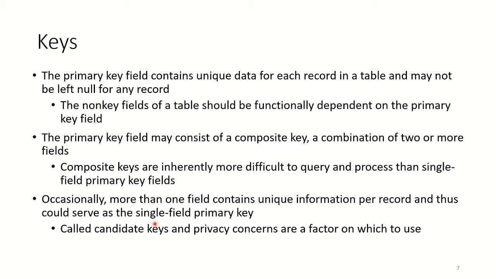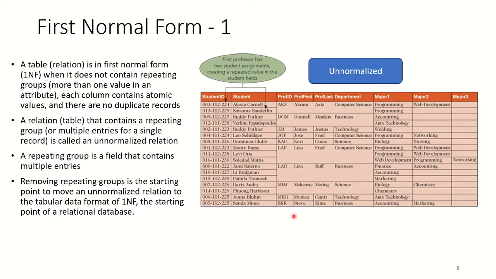The primary key field may consist of a composite key, a combination of two or more fields. Composite keys are inherently more difficult to query and process than single-field primary keys. Occasionally, more than one field contains unique information per record and thus could be a single-field primary key. These are called candidate keys, and privacy concerns are a factor in deciding which to use.